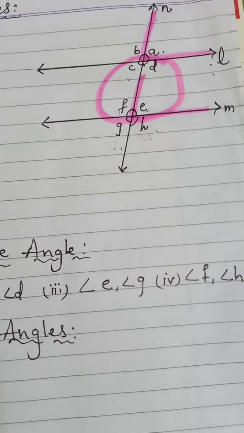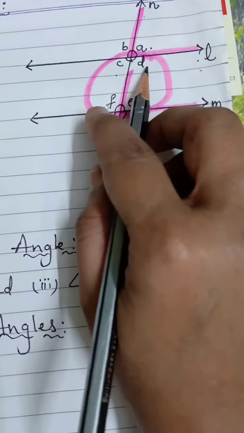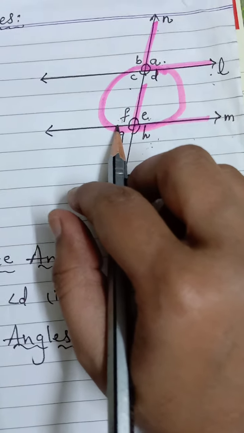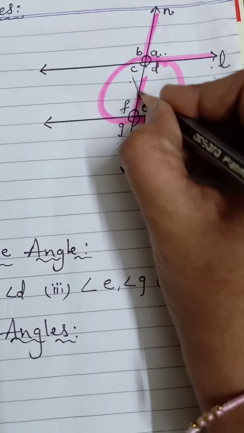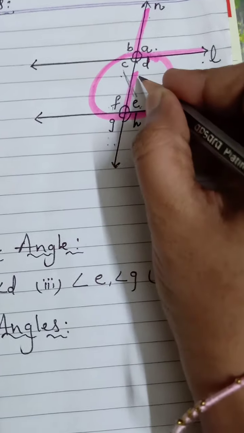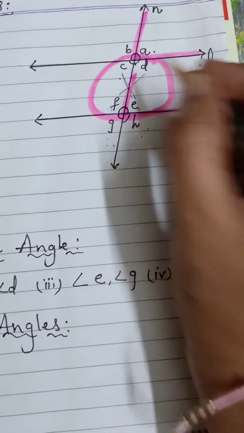We have to concentrate on these 4 angles, that is angle C, D, E and F. For alternate angles, we have to take the cross line. That means C will compare to E and D will combine with F.